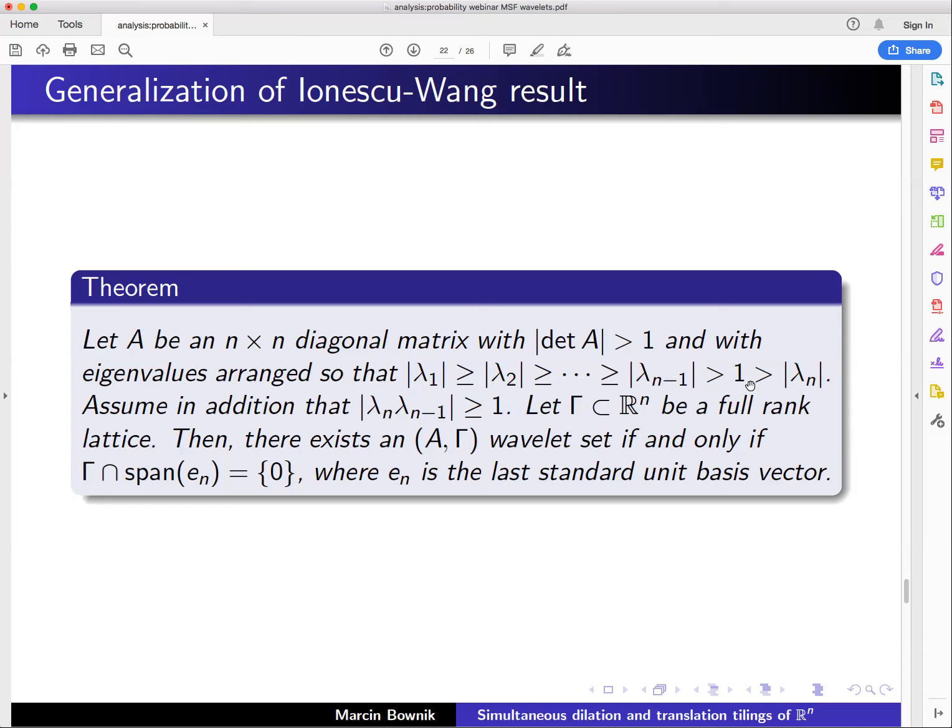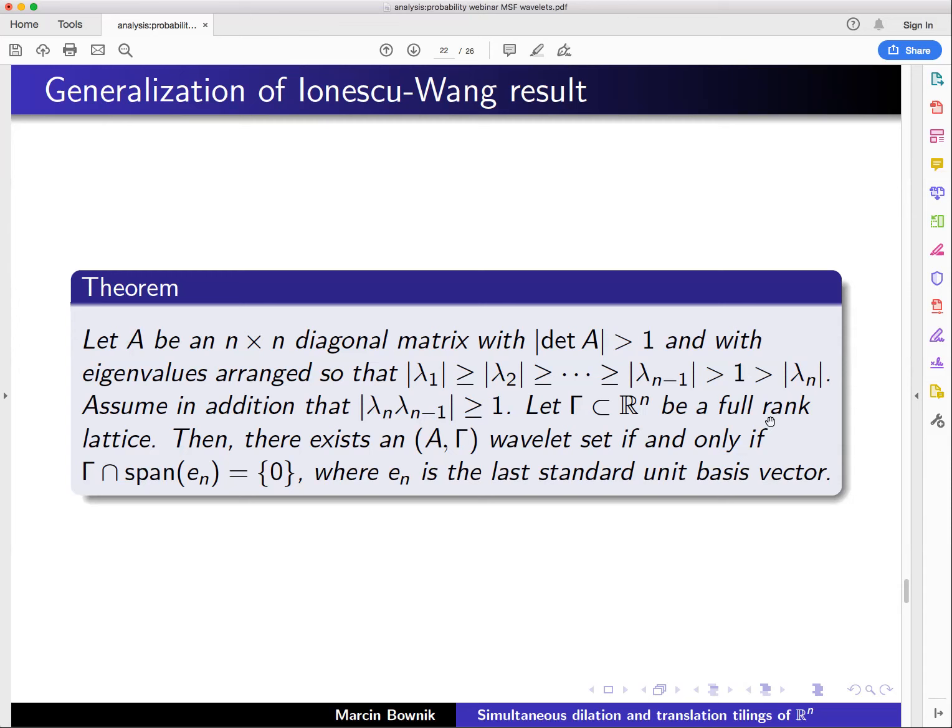They are all strictly bigger than one, but the last one, this loner, is below one. And suppose this loner is not very harmful, in the sense that when you multiply this eigenvalue, which is less than one, by the next one, which is bigger than one, you have expansiveness. So you have expansiveness in every two-dimensional subspace, essentially, in terms of at least volume or area. That's what it really says, geometrically.